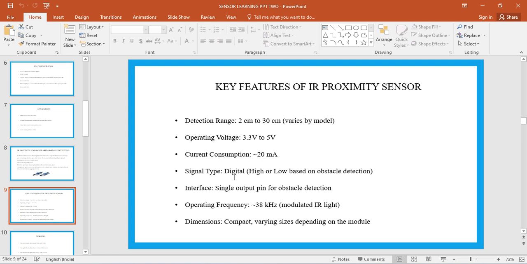It is a digital sensor, so the input and output are digital only, and we have to connect it to the digital side of the microcontroller. The interface is a single output pin for obstacle detection. The operating frequency is about 38 kHz. It has a very compact size, so we can integrate it into any type of project model.